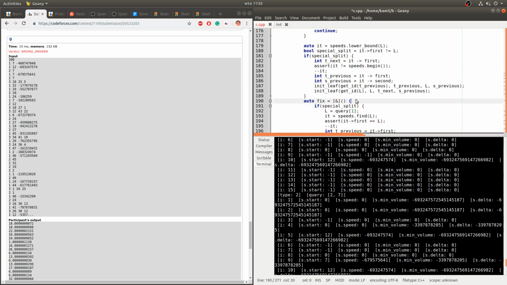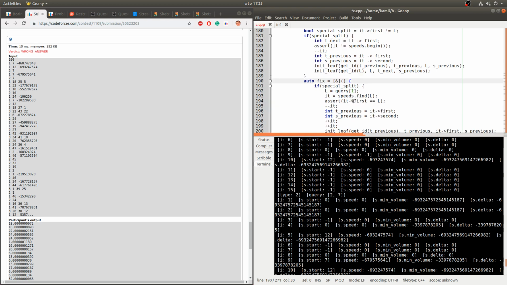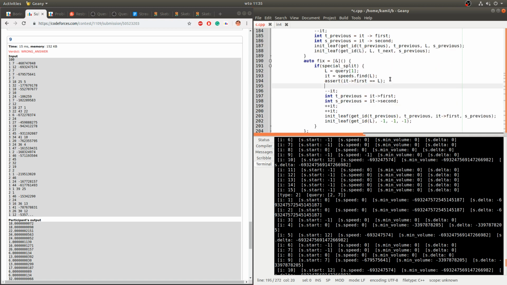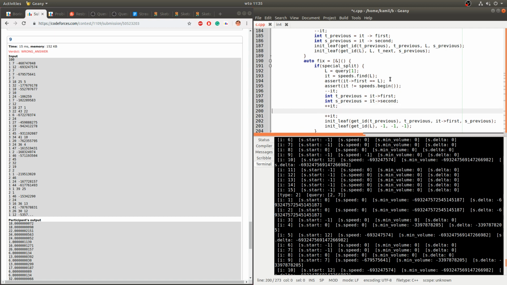Okay, so something is wrong in fix. What is it? Find L. Assert it different than speeds begin. Assert it different than speeds end.